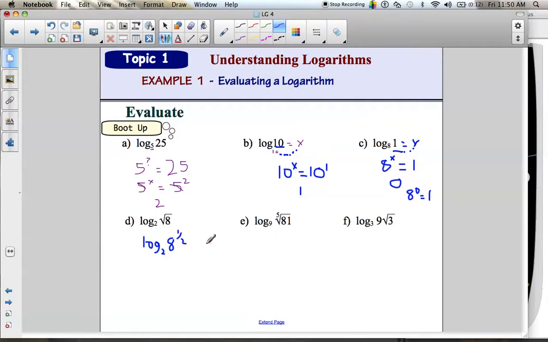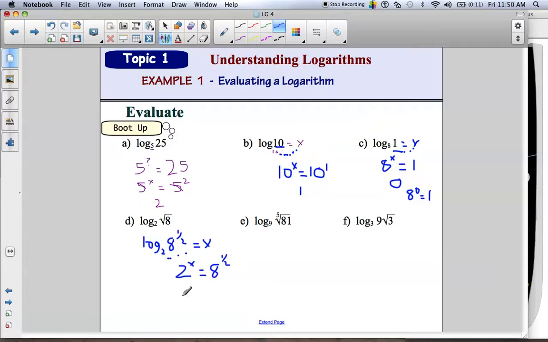Now, let's do our boot up. Kick that 2 all the way up, to kick that X up. So that's 2 to the power of X equals 8 to the power of 1/2.